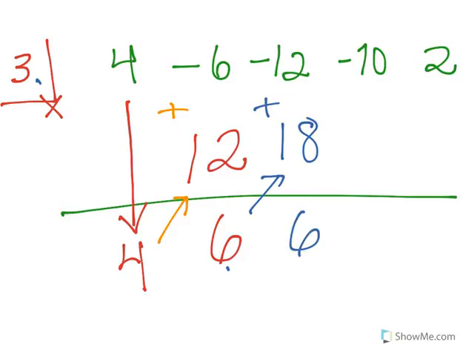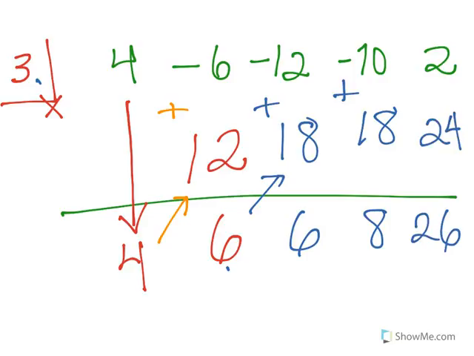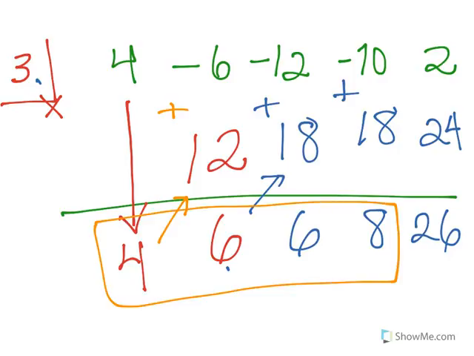Now 6 times 3, 18, we put it right here, add it to negative 10, and we get 8, and 8 times 3, 24, plus 2, 26. The numbers that we get at the bottom are our resulting polynomial, but this last number right here is our remainder.